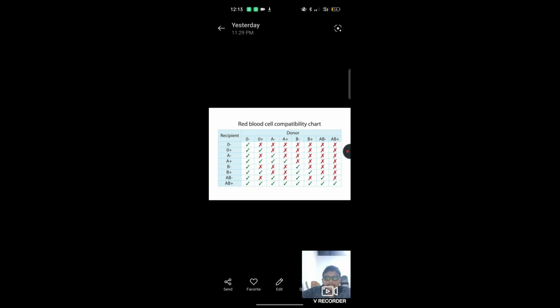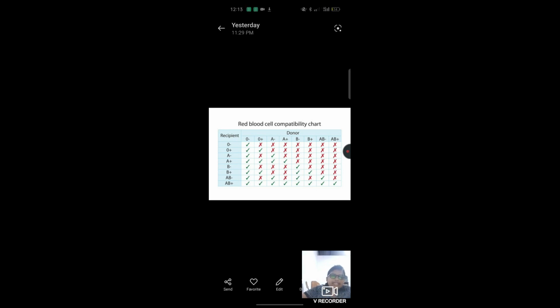A negative can give only to A negative, A positive, AB negative and AB positive. If he gives to B negative, what will happen? The A protein will go into his body newly. That is not compatible, and there's a cross mark, and the others have a tick.